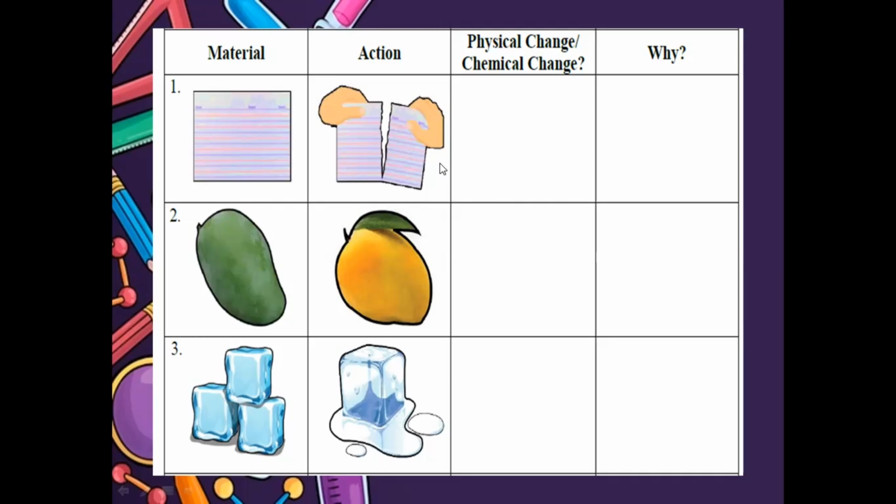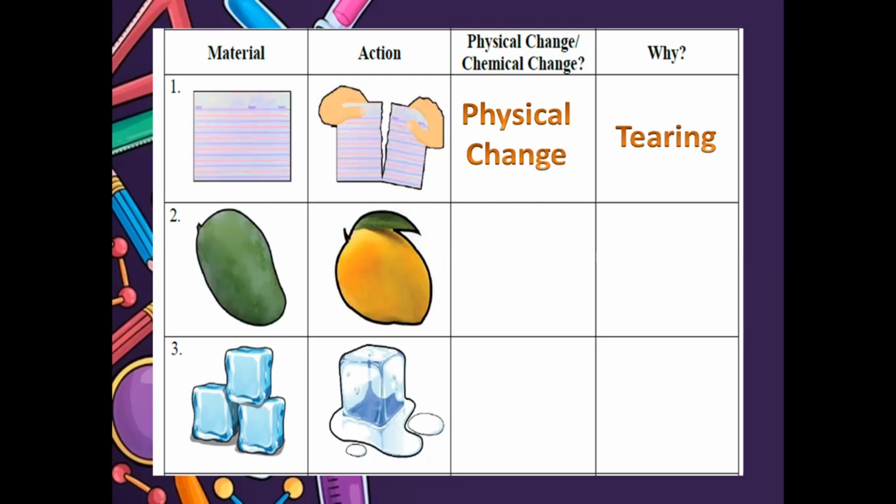Let's have our first example, which is a paper. The action is tearing, o pagpupunit-punit. What change takes place in tearing a paper? Okay, it is physical change. Paper is my example a while ago. So why? Tearing. Why is it physical change? Kasi pinunit lang natin.